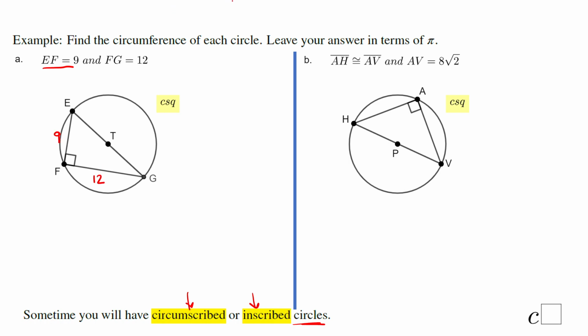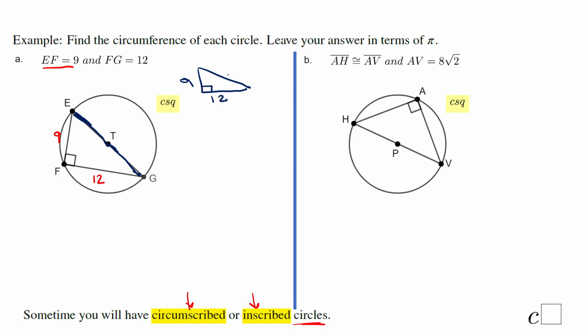And we need to find the circumference of this circle T. For that reason, we need to find the radius or the diameter of this circle T. This segment you see here, TE, is the radius and EG is the diameter, which is part of this right triangle, 9, 12, you see it's a right angle here.